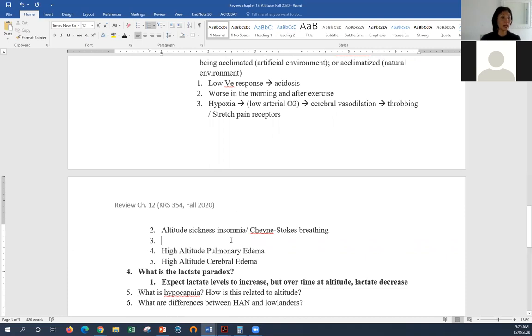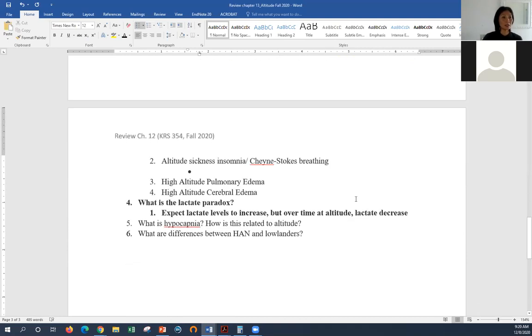Okay, so insomnia or the Cheyne-Stokes breathing. This is really interesting. We talked about when we're at altitude, ventilation increases. So when we increase our ventilation, we blow off additional CO2.